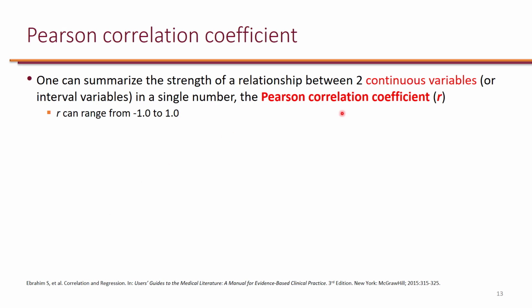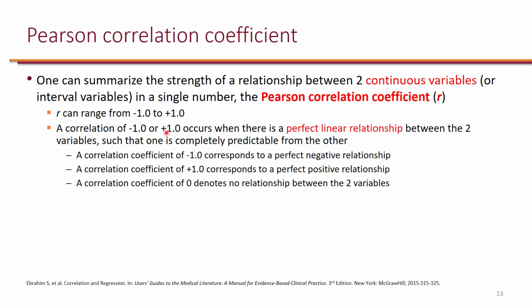What you need to look for is the Pearson correlation coefficient, which is typically represented with the letter R. And R can range from negative 1.0 to positive 1.0. Of course, a negative 1.0 would mean a perfect negative correlation or relationship, and positive 1.0 means a perfect positive correlation.